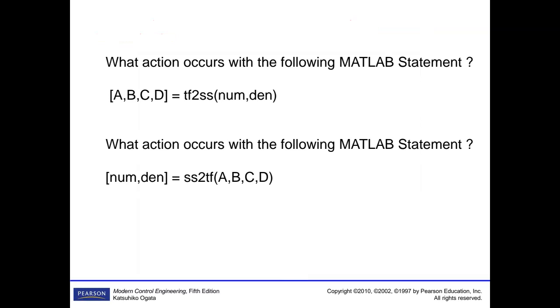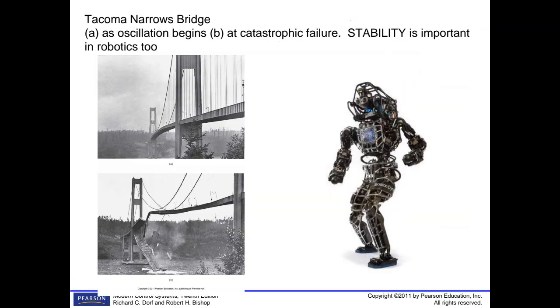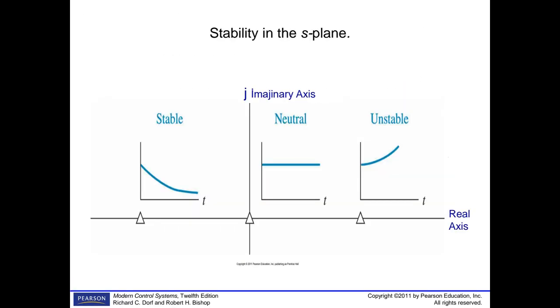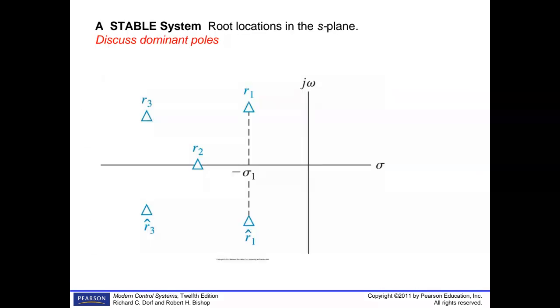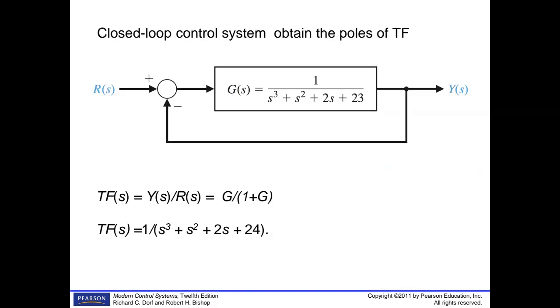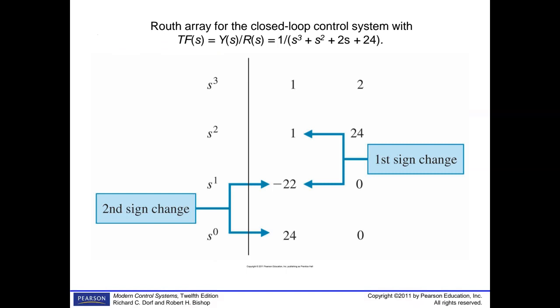So the first column you write, and then multiply with this one, 1 times 2 minus 24 divided by 1 is minus 22. Any change in the sign gives you how many poles are in the right half. That means it is not stable. These are the MATLAB statements.